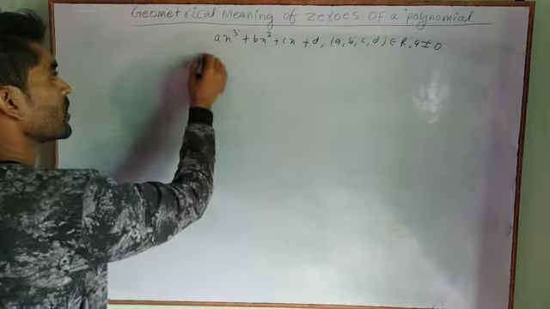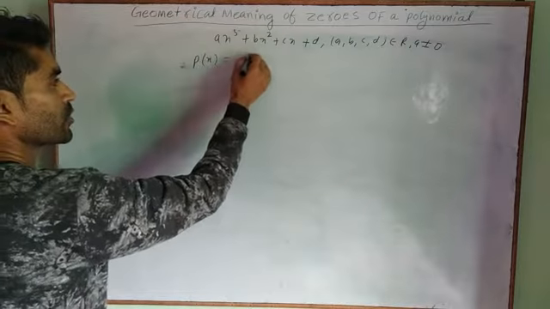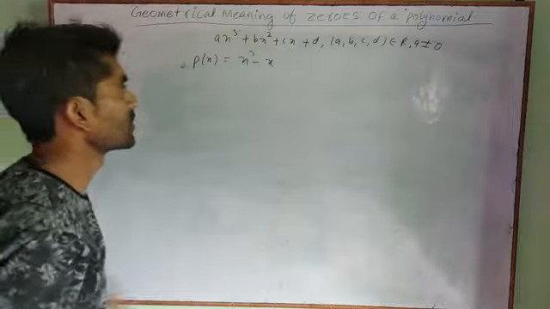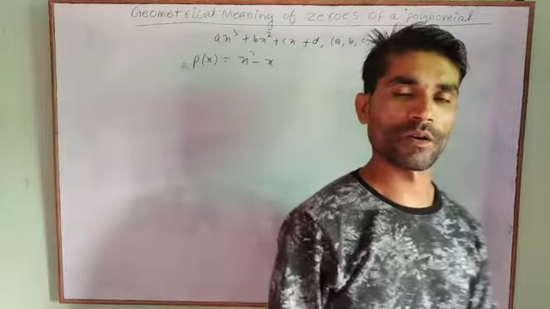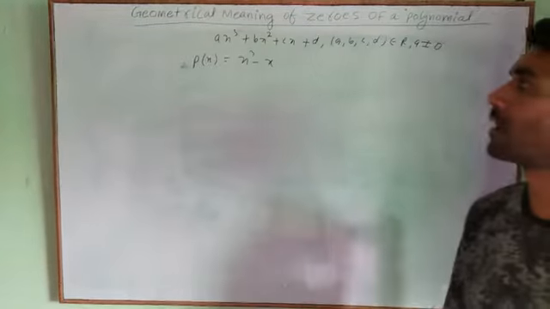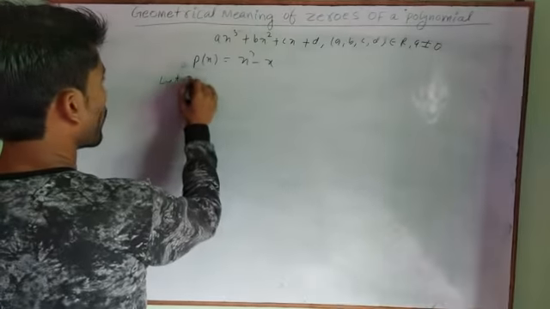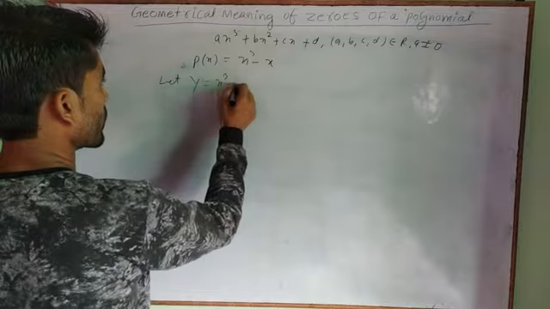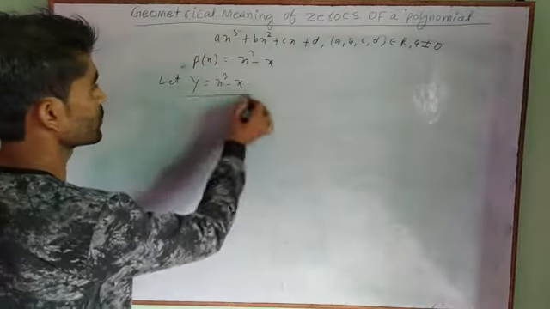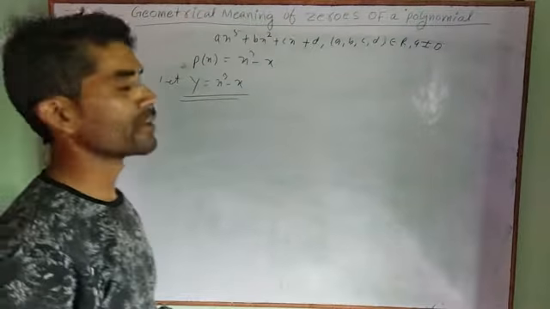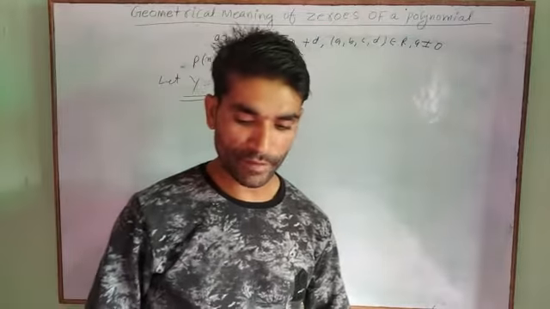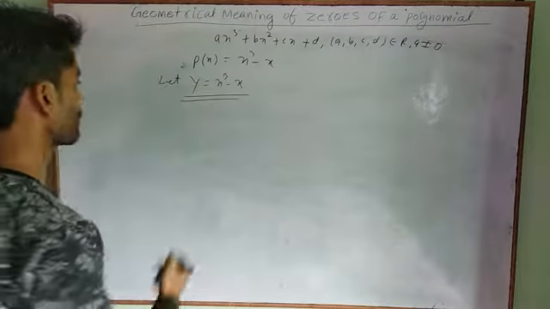I'm taking a cubic polynomial, x cube minus x. Suppose this is a cubic polynomial. Now let y equal x cube minus x. For this equation, we will find values of x and y, and we will draw the graph, right?